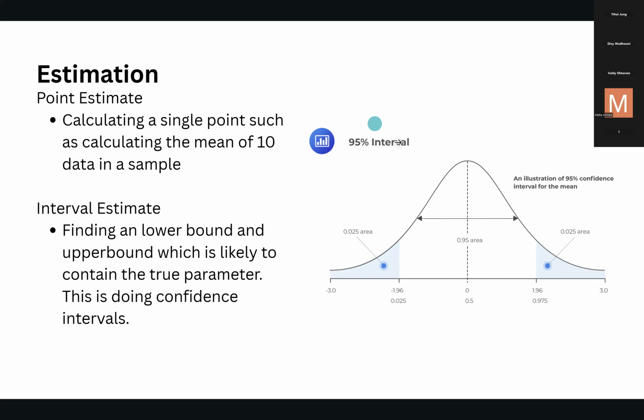What a 95% confidence interval really means is that if you keep taking samples of the same size and you make 95% confidence intervals, then 95% of your confidence intervals will actually contain your true parameter. But if you want to think of it intuitively, inside this 95% area of the graph, the parameter is most likely going to be there.